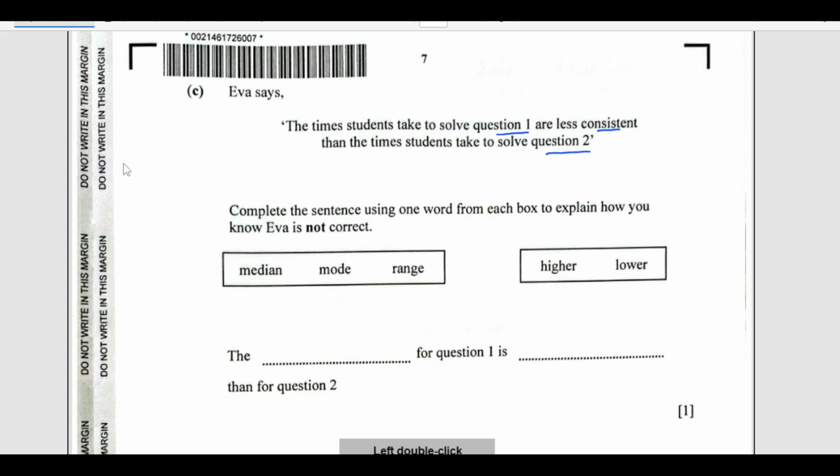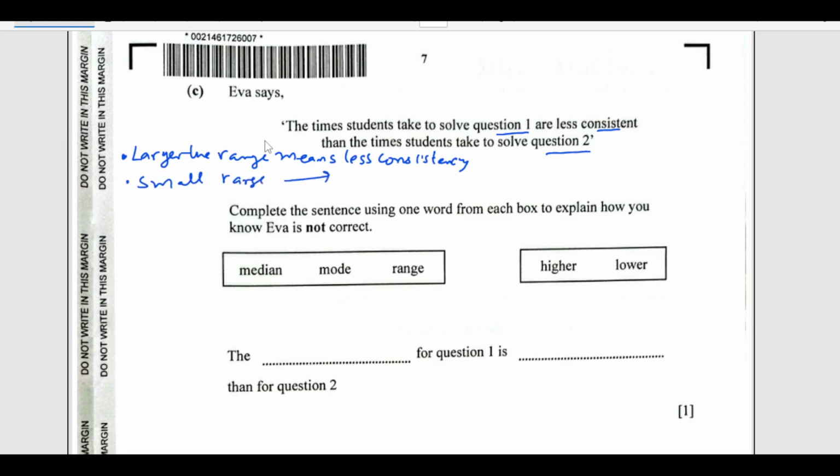You need to remember this: the larger the range means less consistency, and vice versa, if the smaller range means more consistency. This you need to remember always, right?